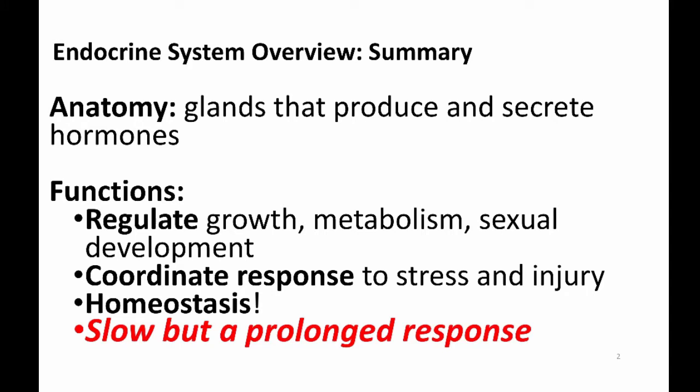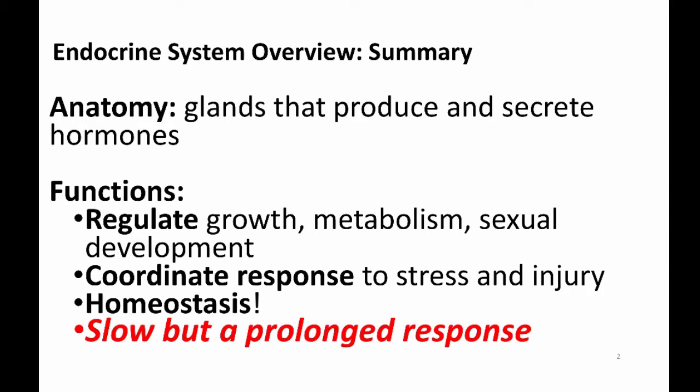So remember, endocrine glands are made of modified epithelial tissue, modified for secretion of particular substances, and those substances are released directly into the bloodstream rather than into a duct, a lumen and then a duct, as with an exocrine gland.